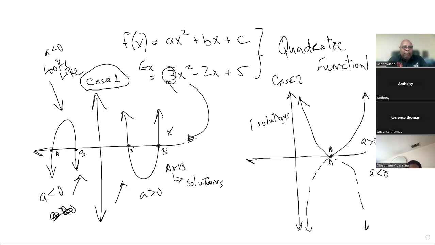But before we do that, I want to remind you that A and B are solutions. They're also called zeros. And the reason they're called zeros is because no matter what these points are, if this is 5, this is 2, then this is (2, 0), and this is (5, 0). That's why they're called zeros. The term zeros, we didn't get to this summer because I decided to cover more of the trig stuff.